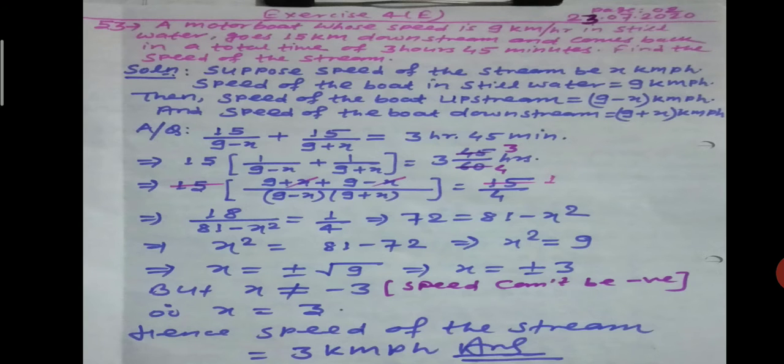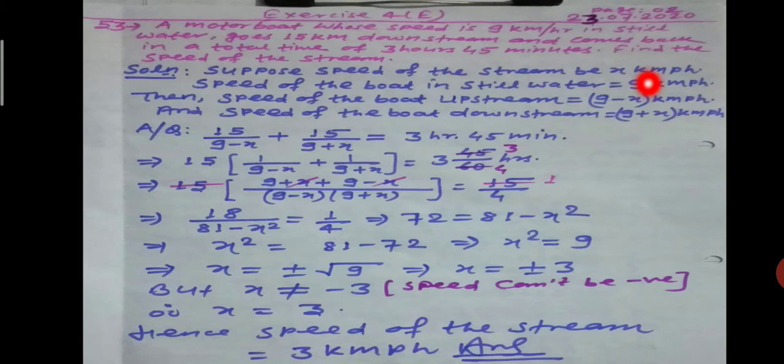In this question, it is given that a motor boat whose speed is 9 km per hour in still water, goes 15 km downstream, and comes back 15 km, and the total time taken for going and coming is 3 hours 45 minutes. Find the speed of the stream.